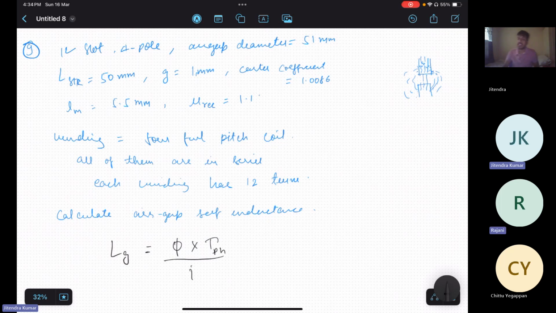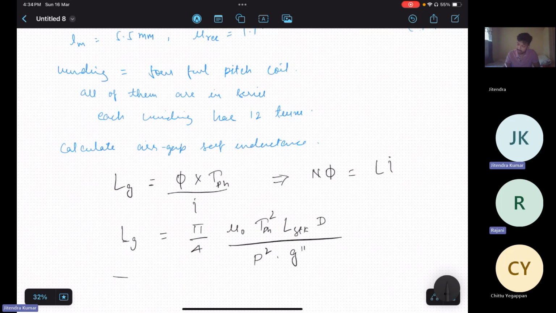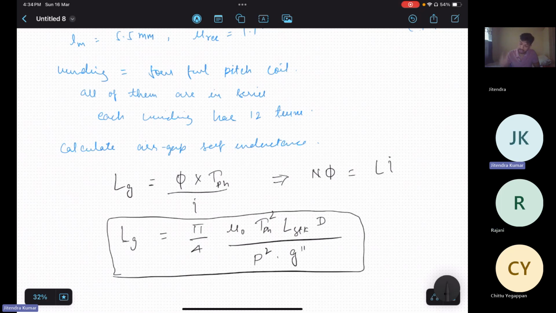Basically, you could also write it as N phi is equal to Li. Now, this is further broken into the expression L is equal to pi by 4 mu naught turns per phase square into L stack into D, divided by P square into effective air gap, g double dash. This is the expression derived in the lecture. If you want to see the derivation, you could go through the lecture.